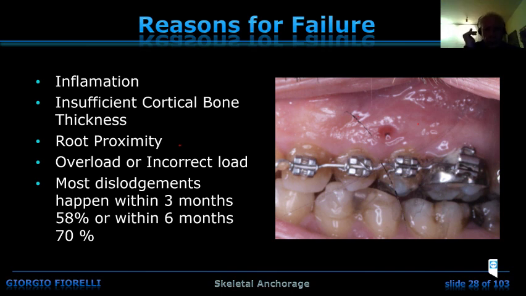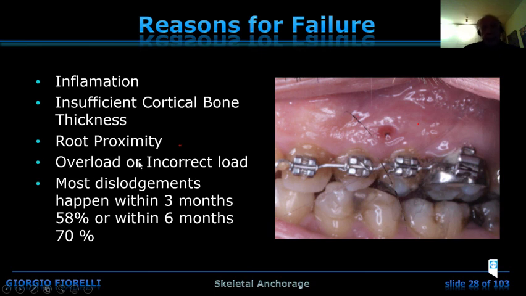So the force should be within certain limits, and the limit at the beginning is 50 grams, maybe a little bit more, but not very much more than this. After some months, at least 3 months, you can increase the level, but you cannot apply 200, 300 grams of force. In this case, you have great possibilities to lose your TAD.